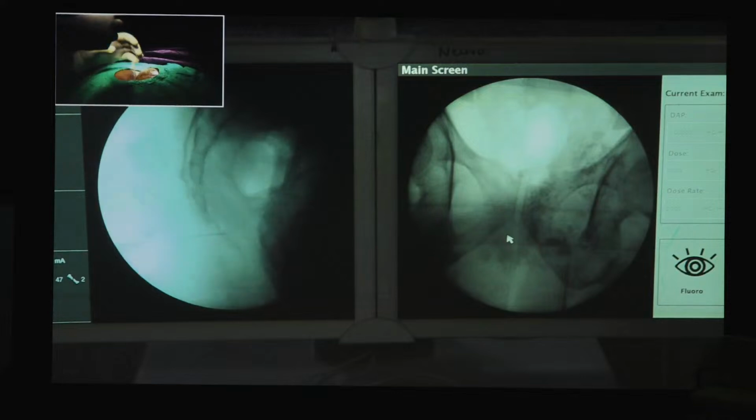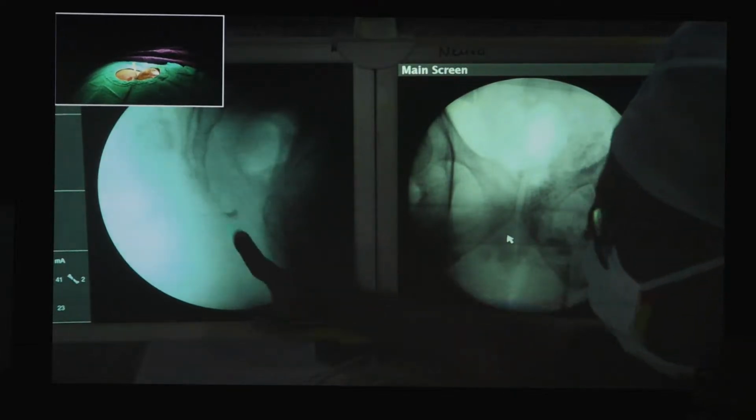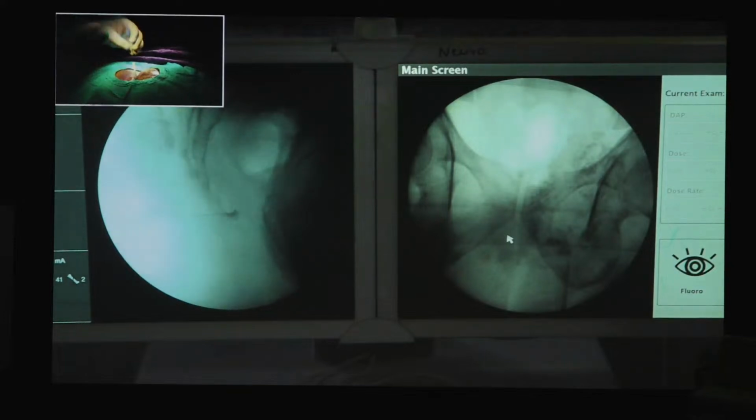We'll have to aspirate for blood, CSF, and only after negative aspiration should we give around 1 ml of dye. Resistance. Okay, now give you some more dye.